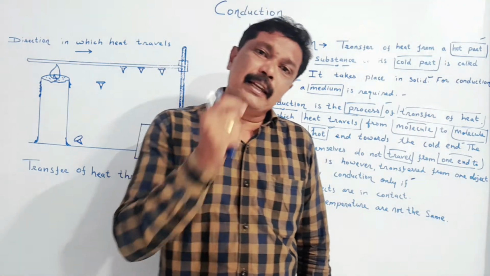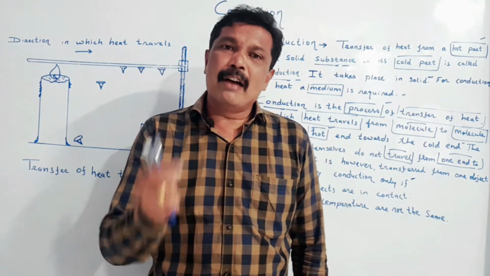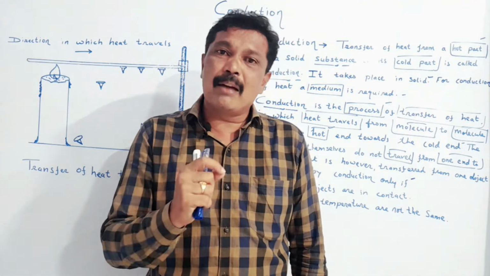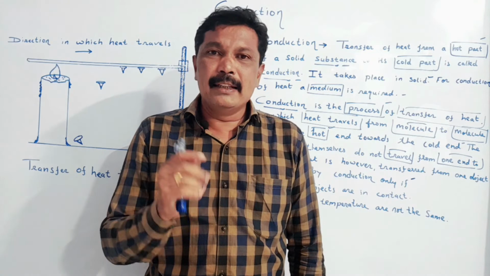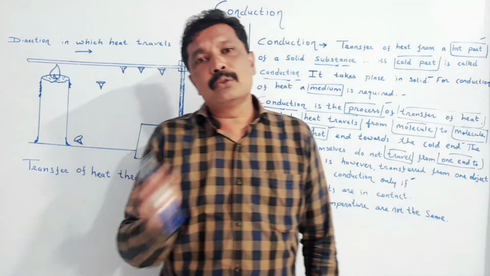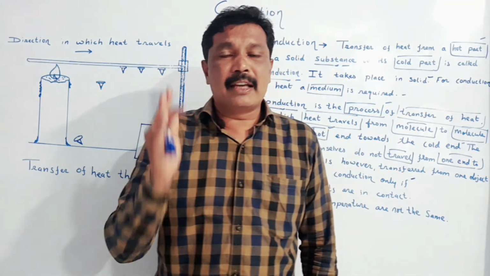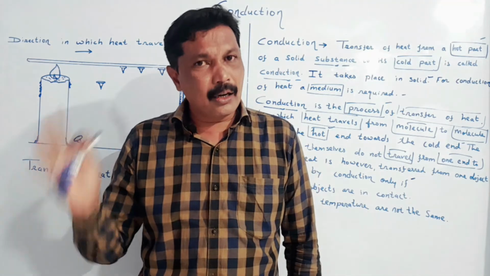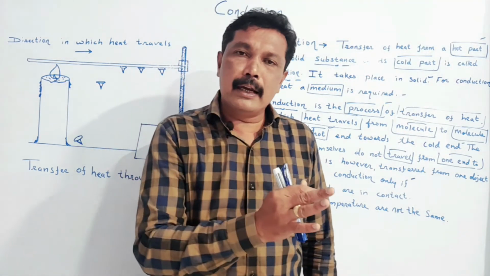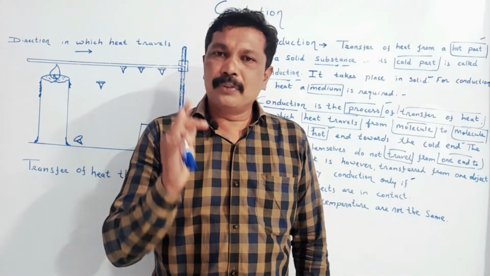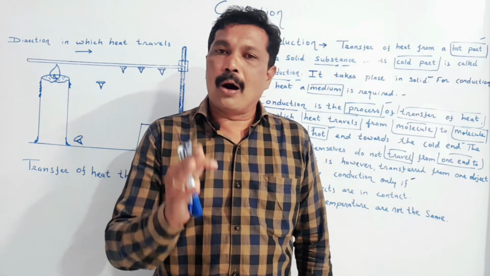They collide with the nearby molecule and give the vibration to the nearby molecule. The nearby molecule also starts vibrating in its place, and in this way the vibration is passed from the hot end to the cold end, and hence we can say that there is flow of heat from the hot end to the cold end in a solid, and it is called the transfer of heat by a process called conduction.